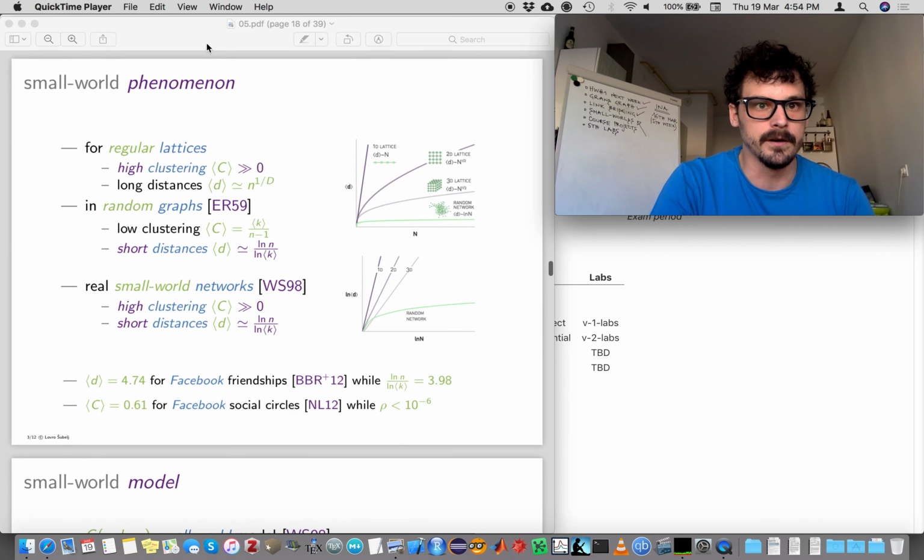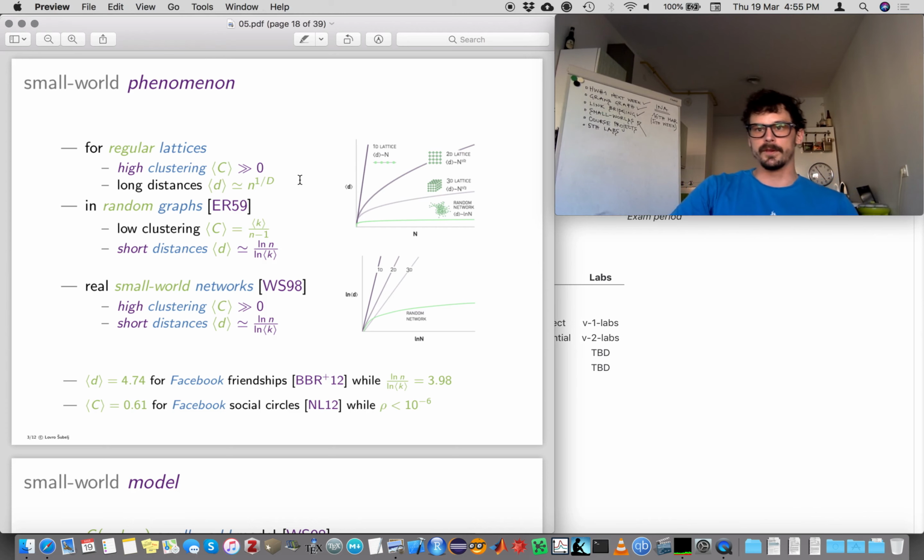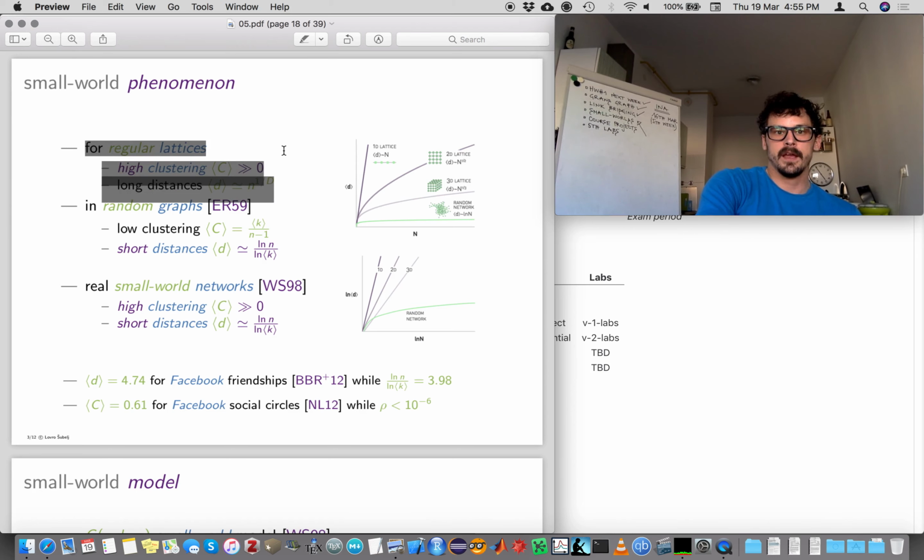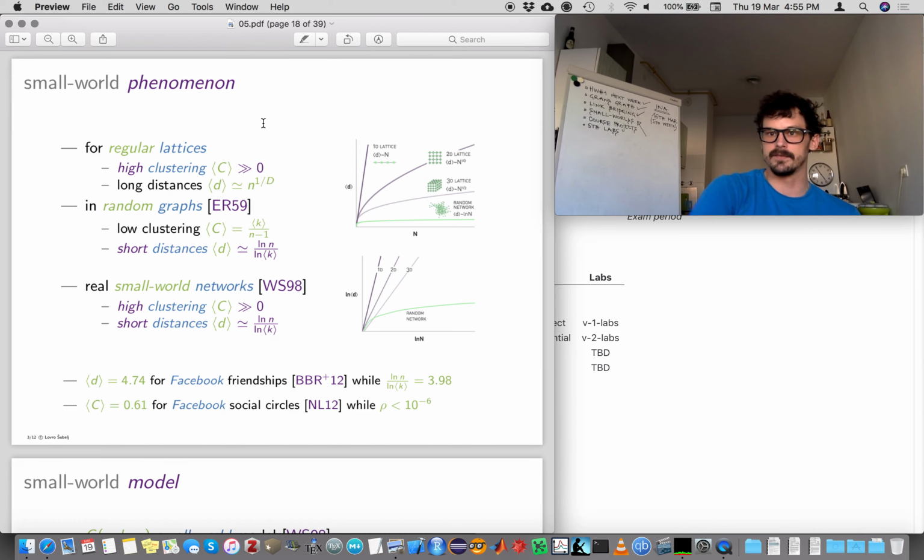So our first real slide is about this small world phenomenon that I just tried to explain. For instance, if you take a regular lattice, it's not hard to create a lattice with a high clustering coefficient, but it's hard to create a lattice that would at the same time also have short distances between the nodes. It turns out that the distances between the nodes in lattices scale as n to the power of 1 over d, where d is the dimension of the lattice.